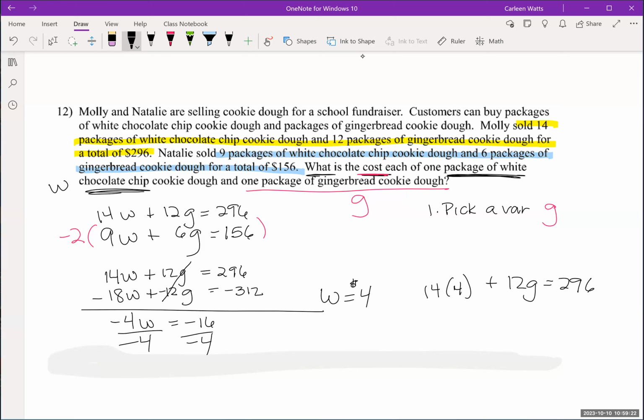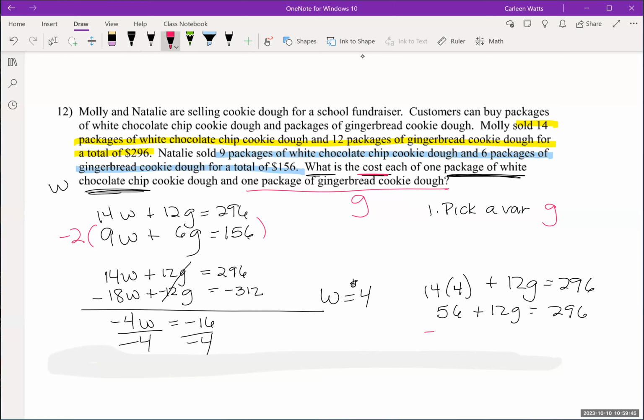That means I have to multiply on my own. Fourteen times 4, 56. 56 plus 12G is equal to 296.